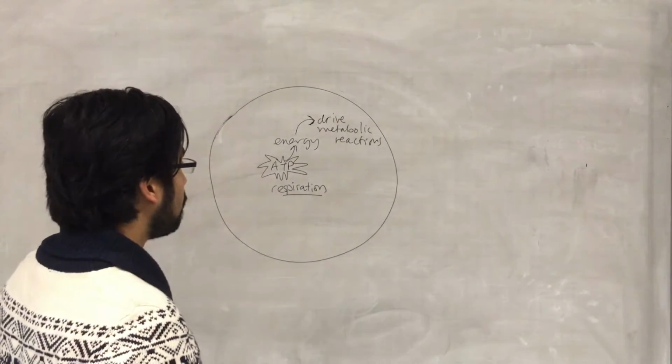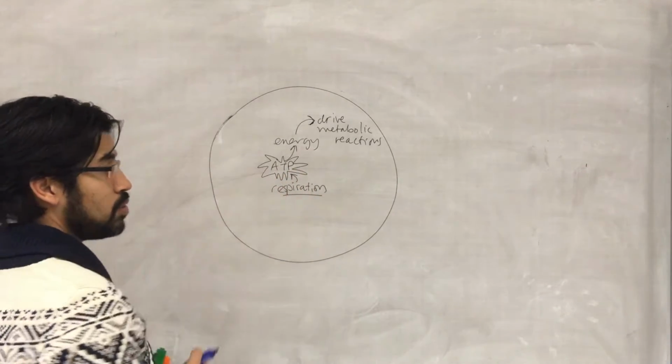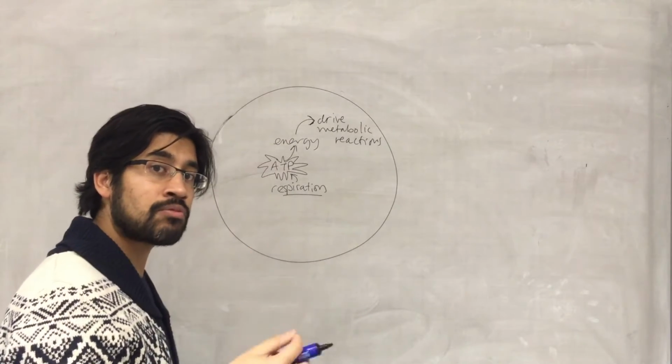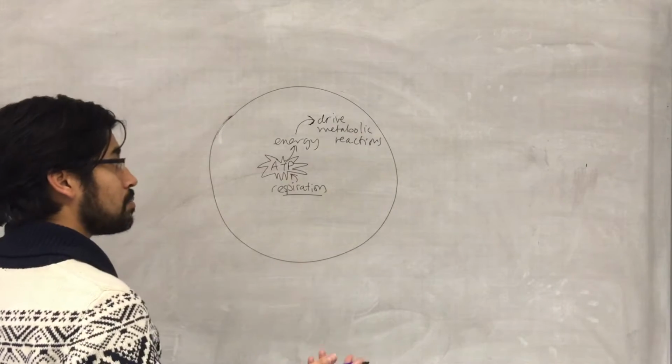But in order for respiration to produce this molecule, it needs certain inputs, and those inputs come from the environment. And this is where our dependency on the environment comes.